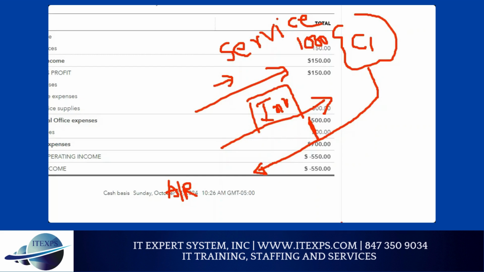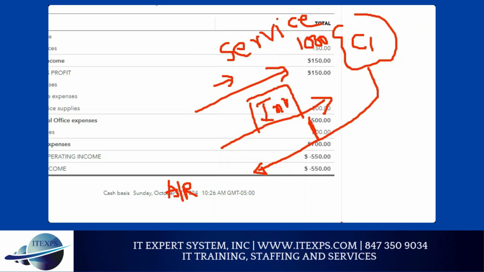Do you know why it shows account receivable? I want you to speak up. Why is it account receivable? Because the bank is not receivable. You performed the service. Did you get money? No. Account receivable says that you will get money.